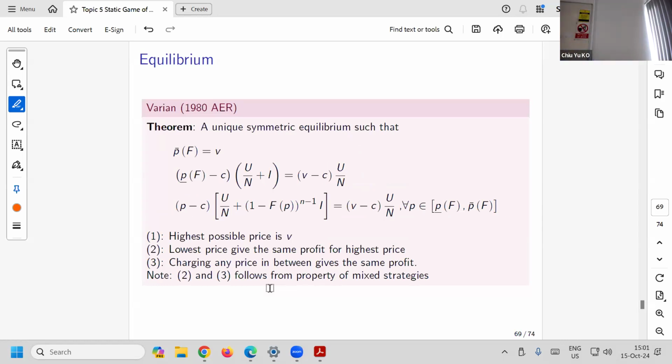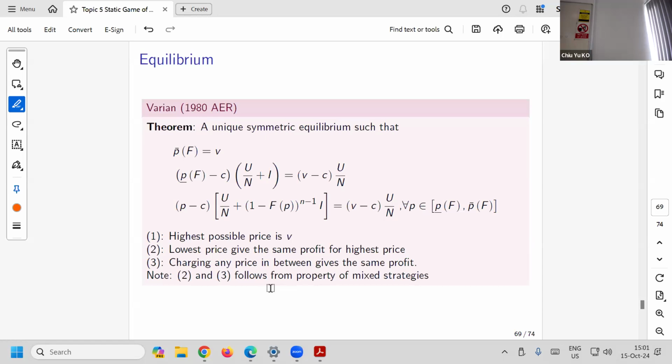And that is the equilibrium he derived, but I think we can explain this one. So it would show you that the maximum they charge is V. Okay. And what's the minimum? If you charge the maximum V, that is what you get, right? The V minus C is the profit margin times the uninformed. So you lose all the loyal customers there.